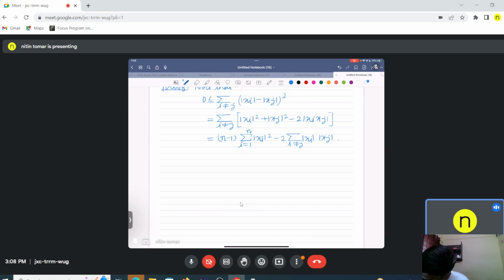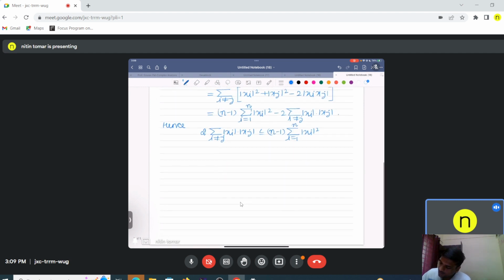So hence what we have is the following: 2 times the summation of mod xi times mod xj, i not equal to j, is less than or equal to n minus 1 times the summation of mod xi square, i going from 1 to n.